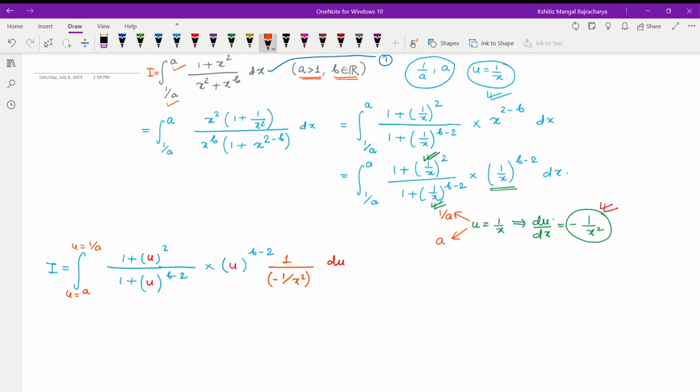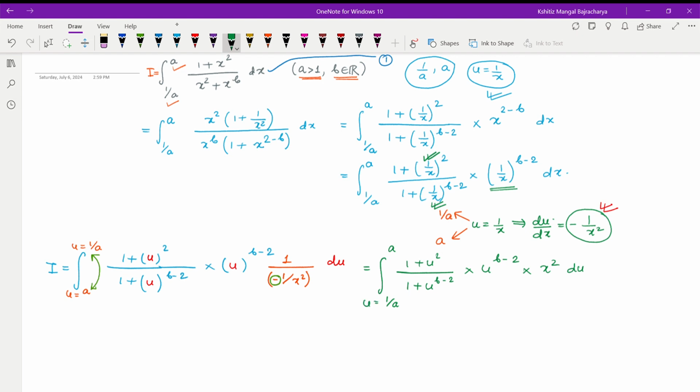So what are we going to get? If we remove this minus sign, we can flip the limits of integration, and therefore what we're going to get is integration from 1 over a to a of 1 plus u squared over 1 plus u to the power b minus 2 times u to the power b minus 2, and this is x squared du.